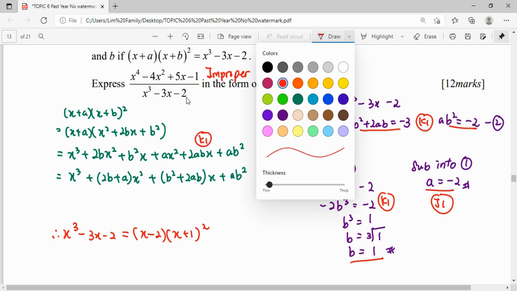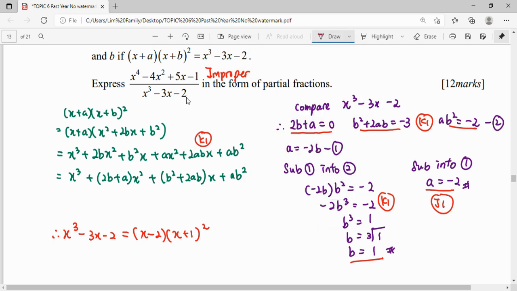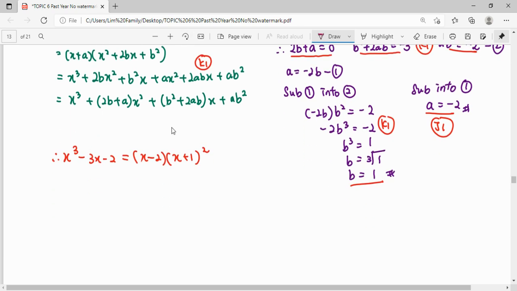For an improper fraction, we have to undergo long division in order to get the proper part, and express the proper part into partial fractions. So we're going to do our long division now to find the proper part of this fraction.